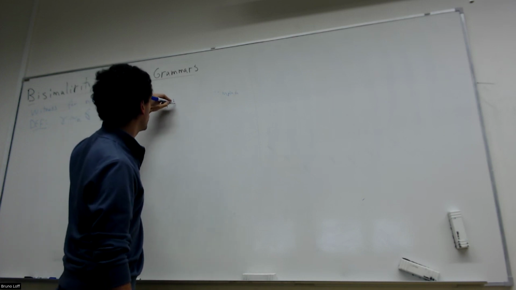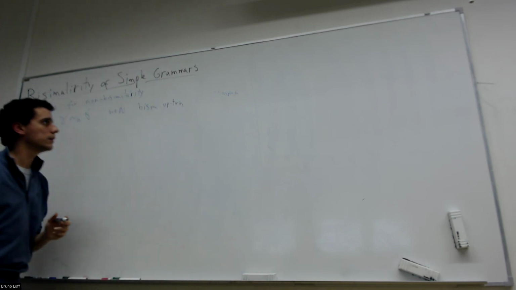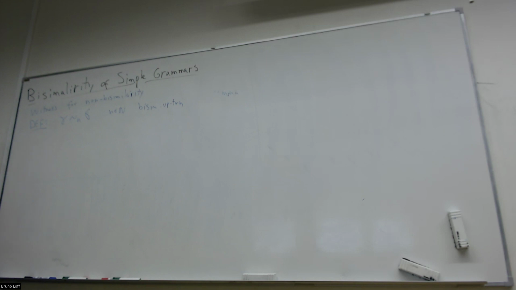And this means that essentially you can match any word of transitions of size at most n with the corresponding word of transitions of size at most n. That's kind of the idea.